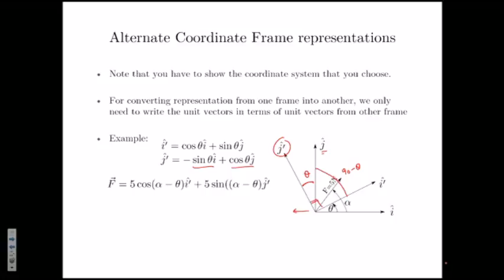Because this angle is 90, right? So if I draw this separately, this is i prime, this is j prime, and this is the j direction. This is 90 minus theta, which we just saw, and this is 90, so this has to be theta, right? Yes? Okay. Any other questions about this?